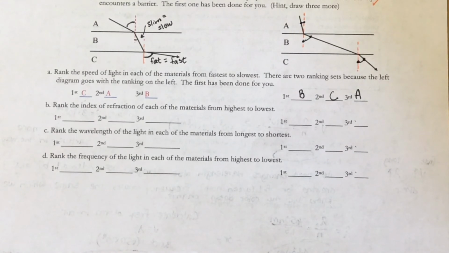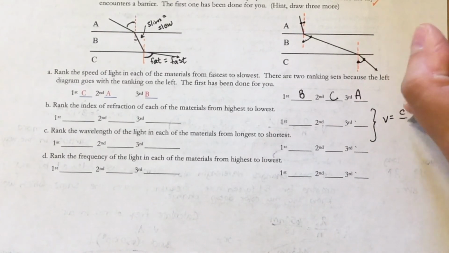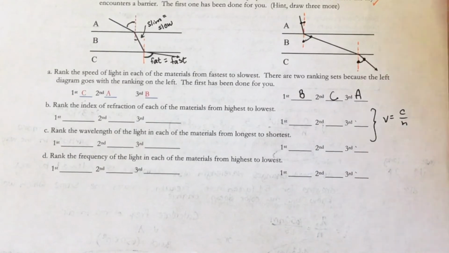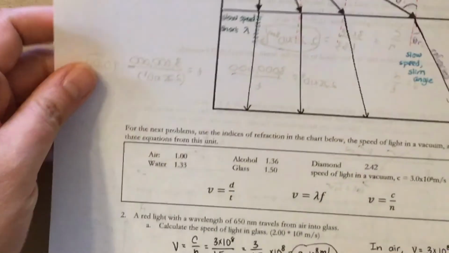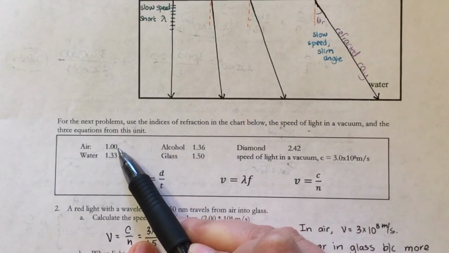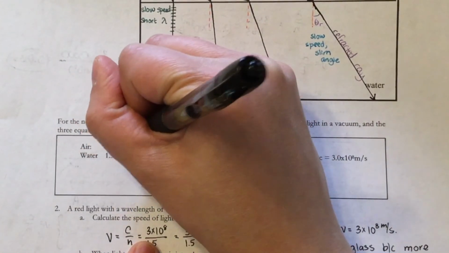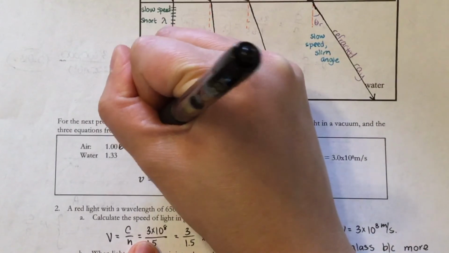Okay, now index of refraction. This equation, that v is equal to c over n, means that n is inversely related to v. And just to be clear, let's double check this. That means it goes fastest through air because small index, fast speed.